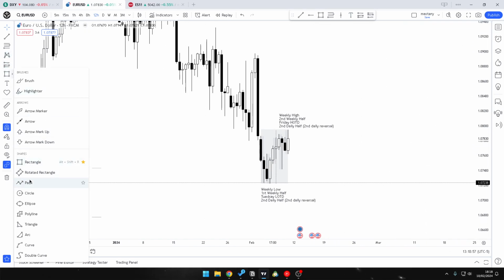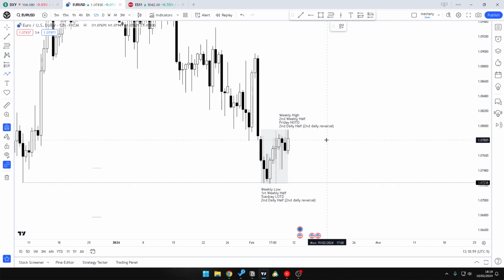Let's just say that this is the weekly open. We have the Monday candlestick, then the close, followed by the Tuesday candlestick.